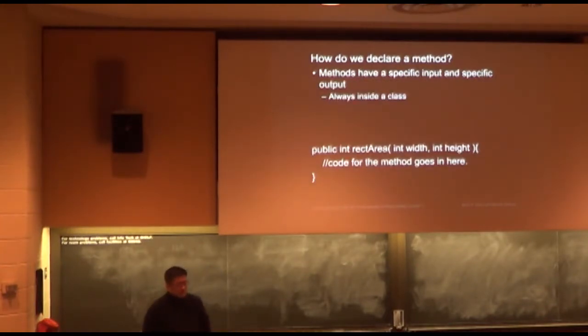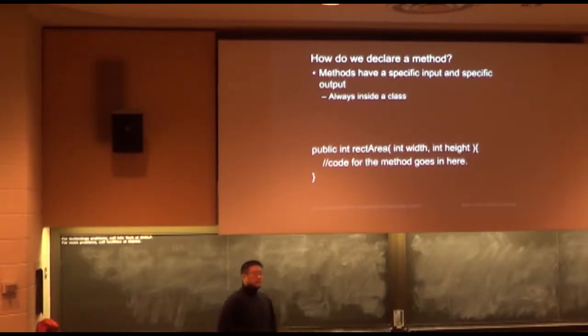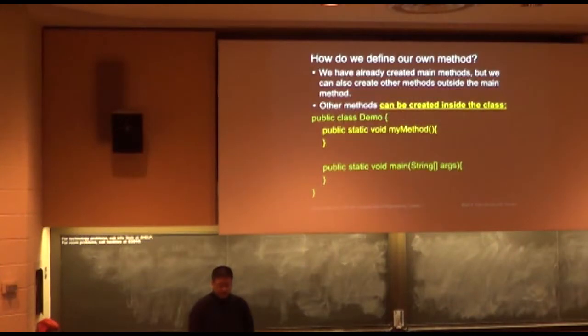Okay, so when we want to use methods, we have to first declare the method, and then we have to call the method. When we declare a method, we always have to have a certain structure. We need to have this structure here. It has to exist outside the main method and inside the class. In CSE2, we will write only public static methods.